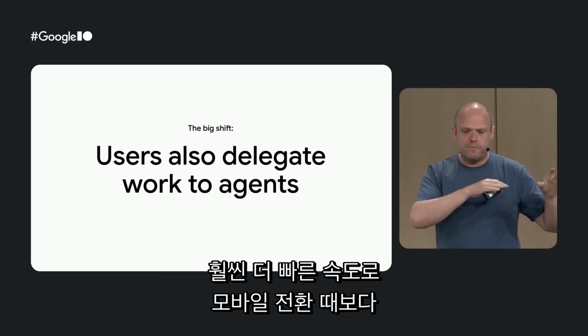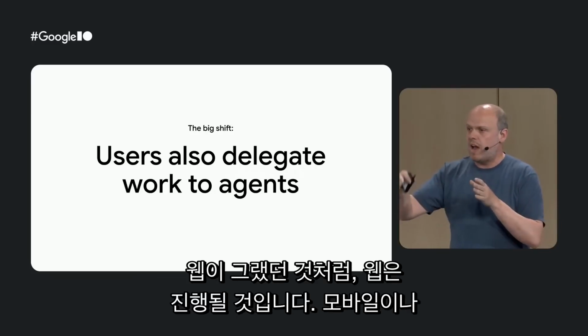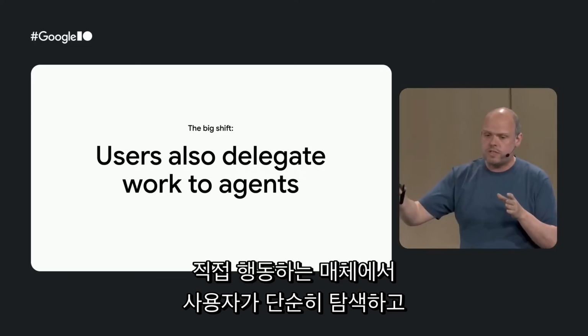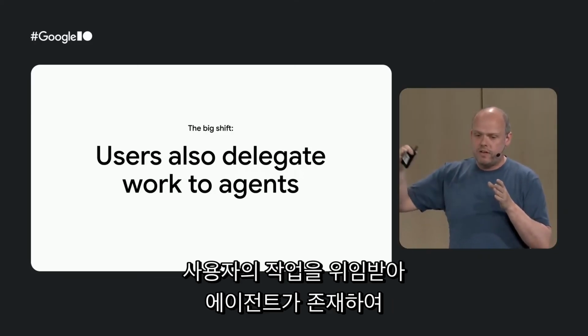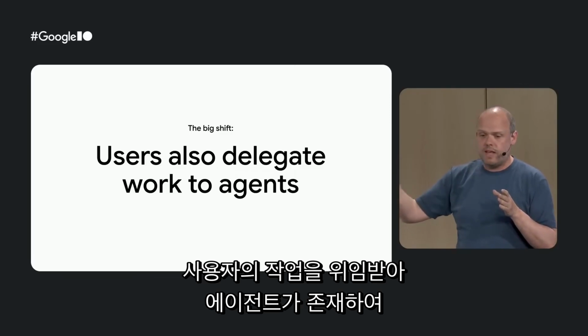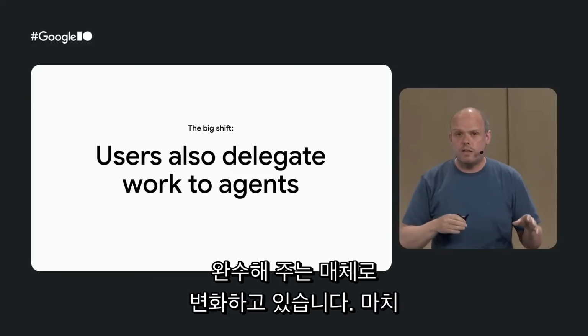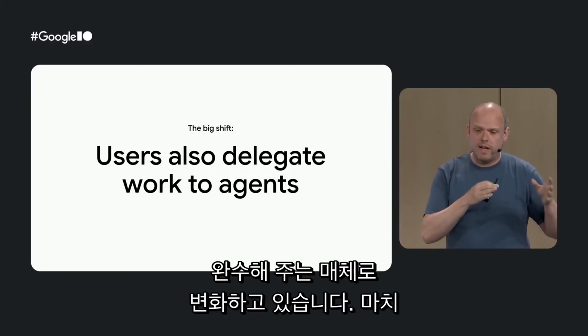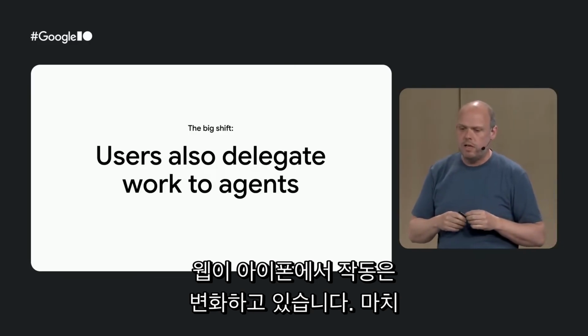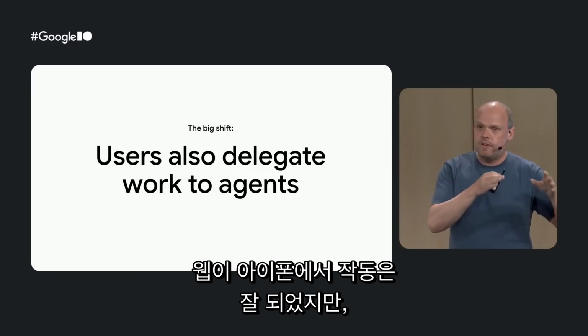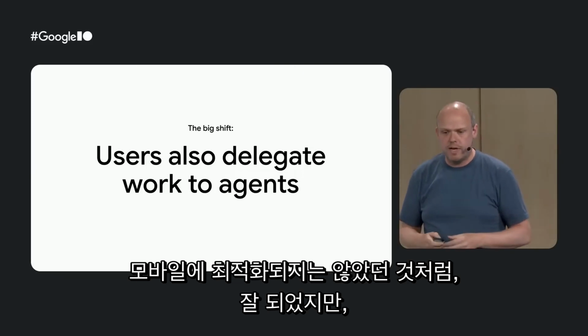The web is transforming from a medium where users browse and then take action to one where it also has agents to let people delegate their work to complete their tasks. So just like when the web worked on iPhone, but it wasn't optimized for mobile, today's web works for agent flows, but it's not yet optimized.